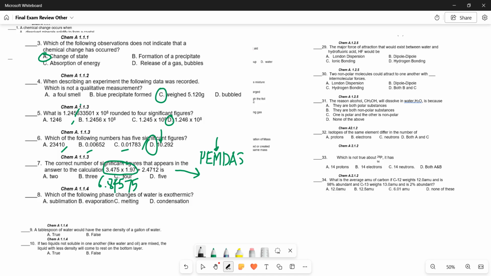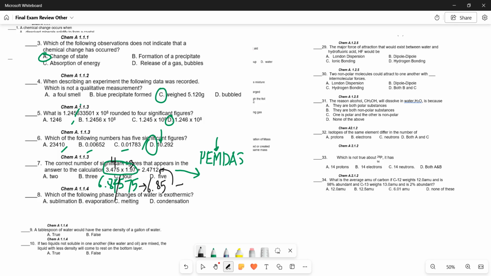Now, I can't keep all those. I can only keep, in multiplication, the least total. And the least, I have 4 sig figs here and 3 here, so I can only keep 3. So the number is going to become 6.85. And then I'm going to add this number to this one.